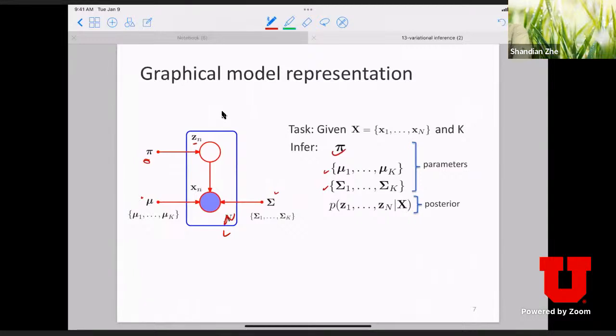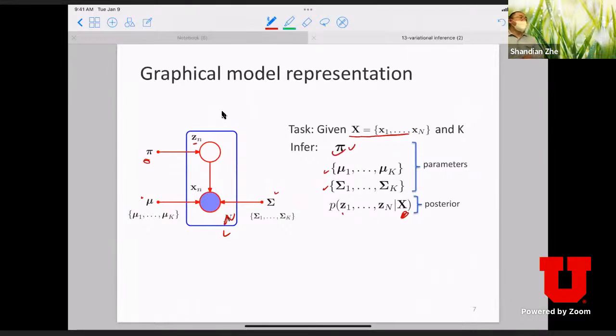Okay, so we know that given this data, the model parameters are determined by this pi vector and also the cluster specified Gaussians, right? But also, given the fact that this data are observed, we are interested in what is the posterior distribution of cluster membership.